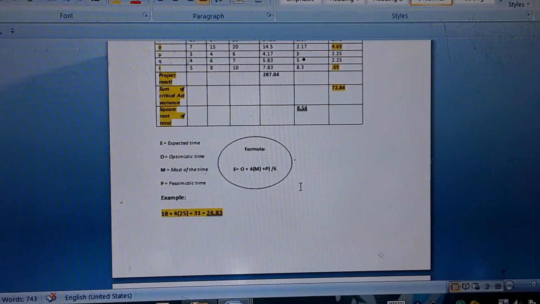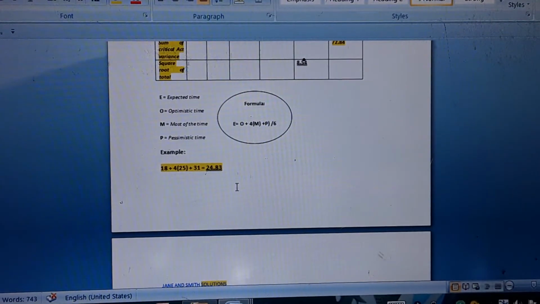The formula is E equals O plus 4M plus P divided by 6. So the first example, for activity letter A, is 18 plus 4 times 25 plus 31, which is 24.83.